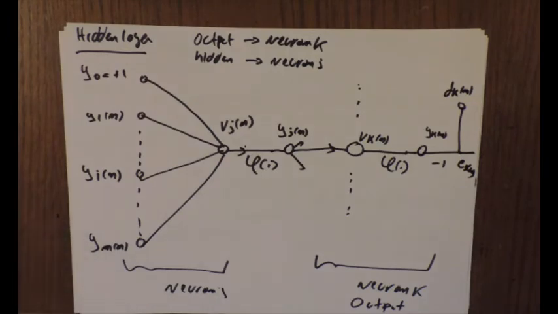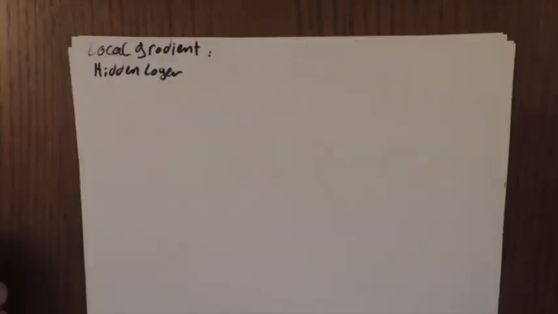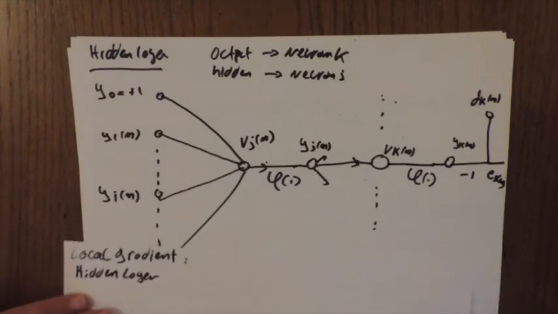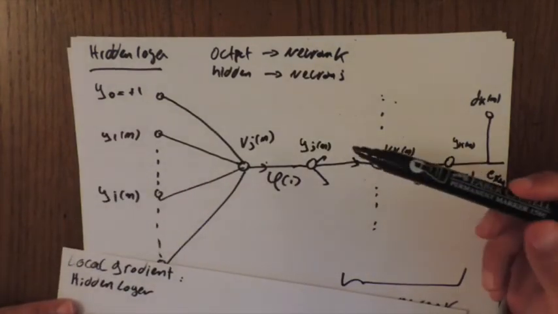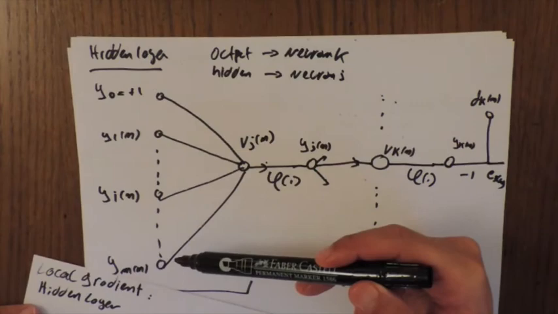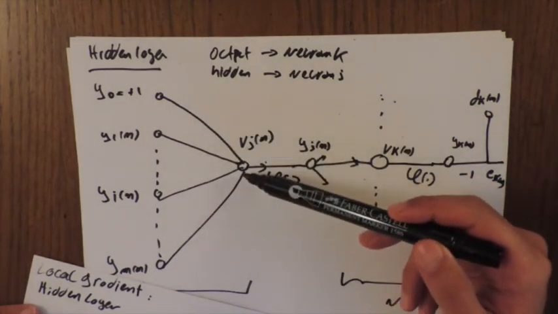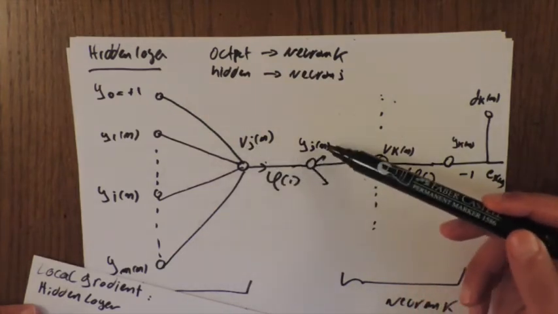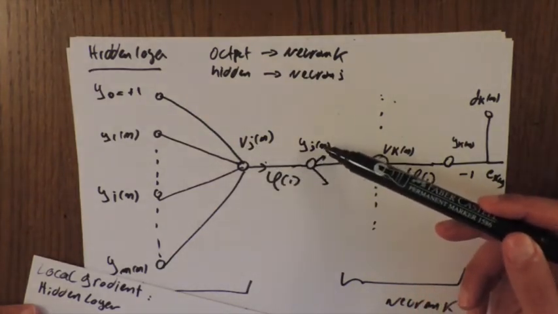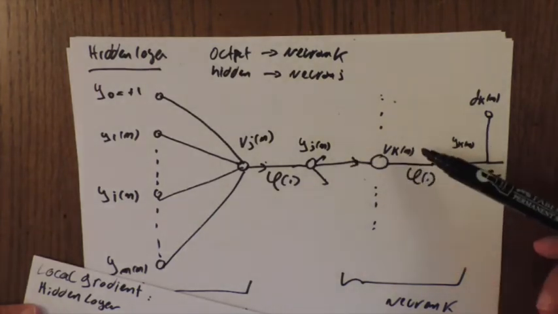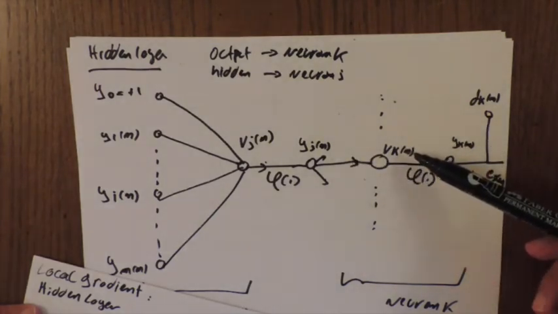So now for the hidden layer we need to calculate the local gradient. As I said before, we have here the input layer, we have a single hidden neuron vj, for which we compute its intermediate output yj, and then we have another output neuron vk.